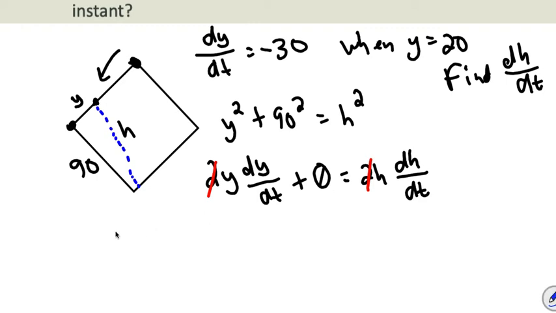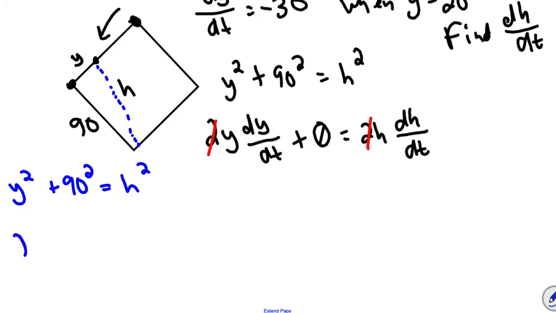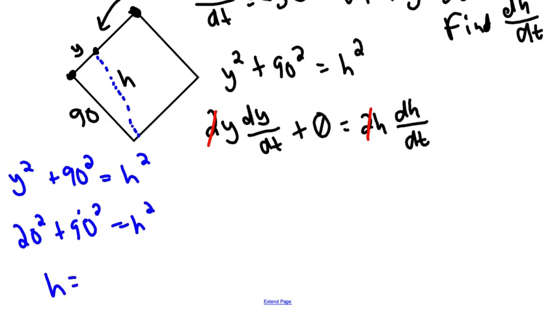And I know y squared plus 90 squared is equal to h squared. Y is 20, so 20 squared plus 90 squared equals h squared. So h in this problem is the square root of 8,500.